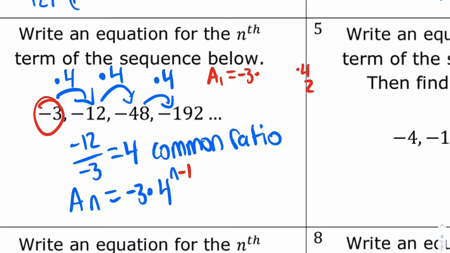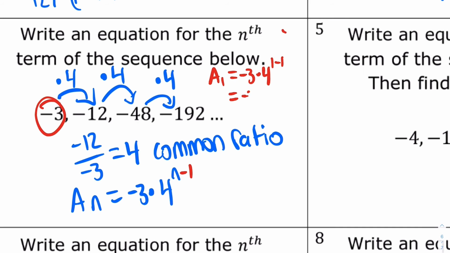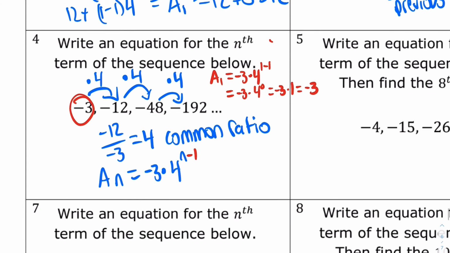Now let's try this modified formula. Negative 3 times 4 to the n minus 1, and in this example, n is 1, so 1 minus 1 power. That's negative 3 times 4 to the 0 power, which is negative 3 times 1, which is just negative 3. And that's what we wanted, and now it's working.